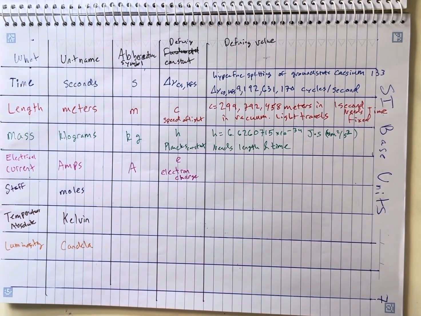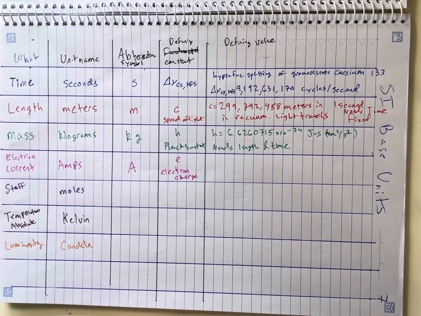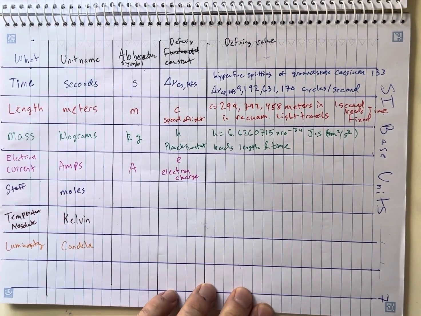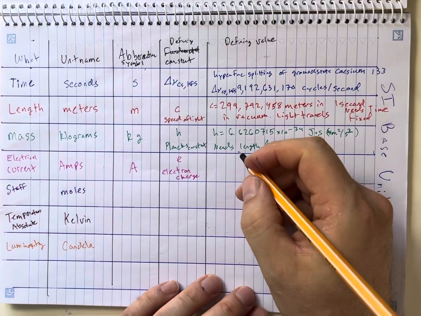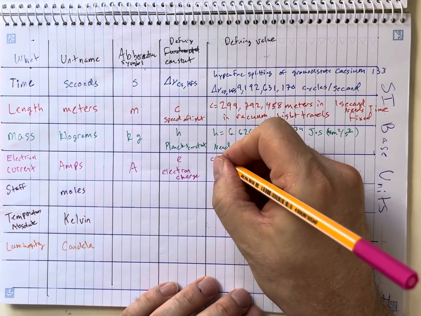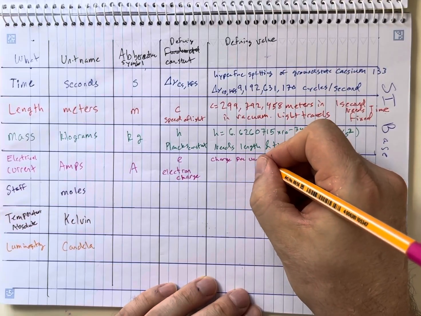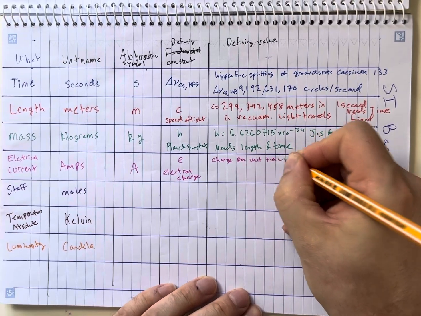Also happens to be the proton charge, but just the sign flipped. So that is charge per unit time.